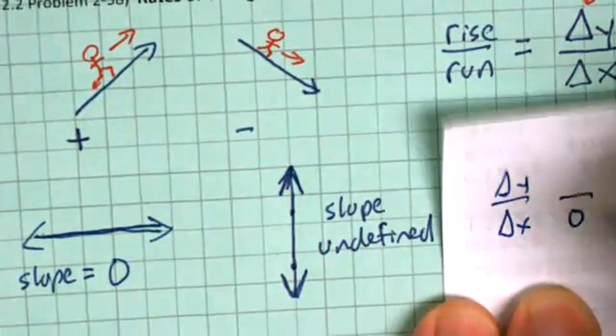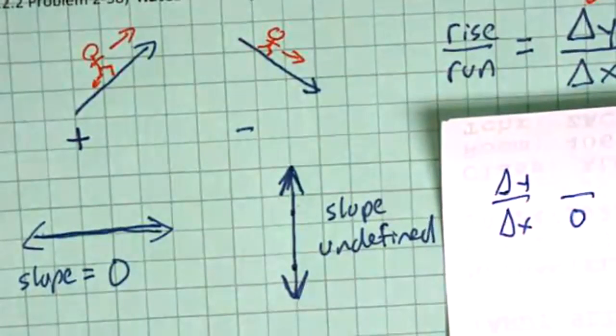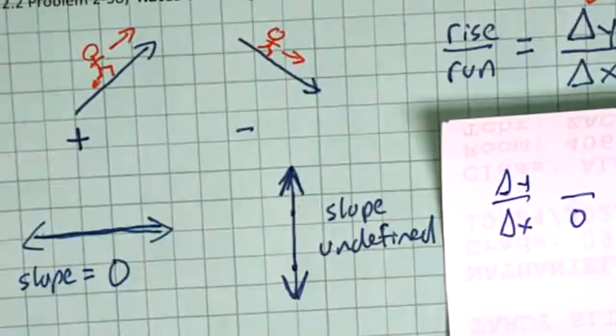So the problem is we can't divide by 0. It's mathematically undefined to divide by 0 because it just doesn't make sense. How can you divide something into 0 equal parts? You can't, right? If I have a pizza and I want to divide a pizza into 0 equal parts, it's not possible to do it.